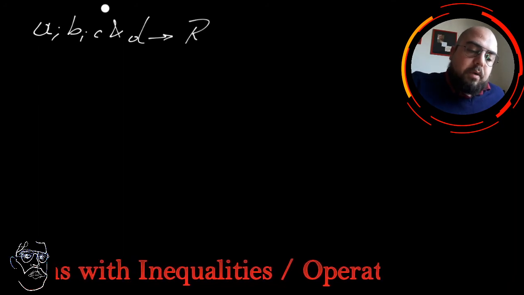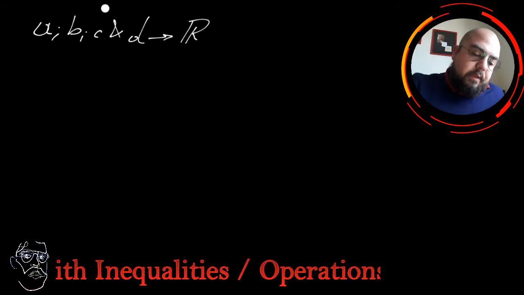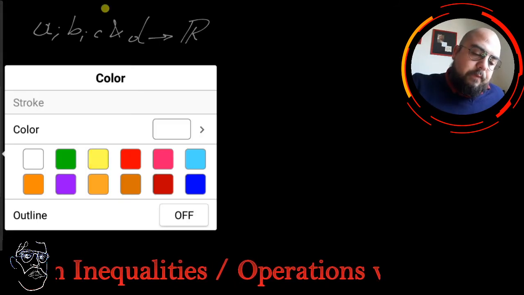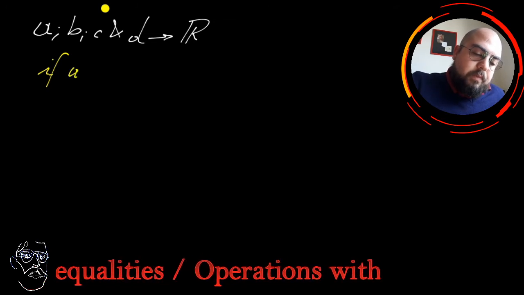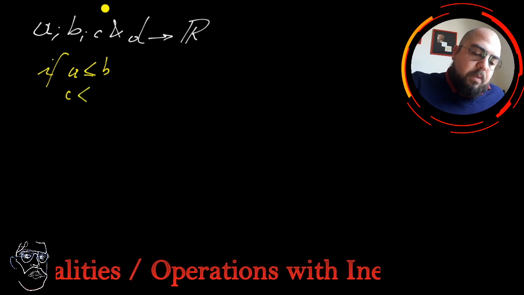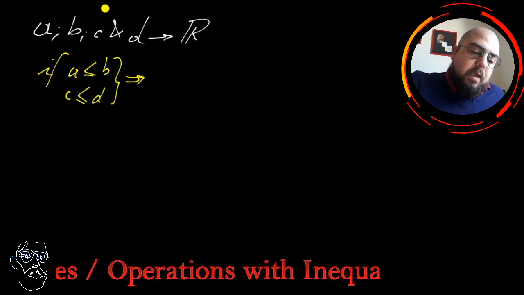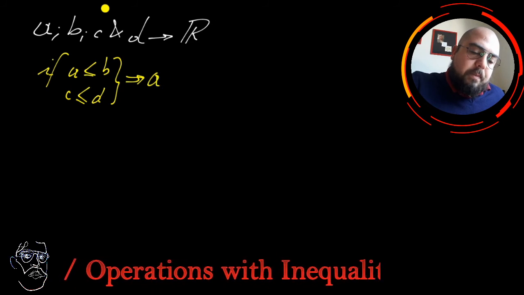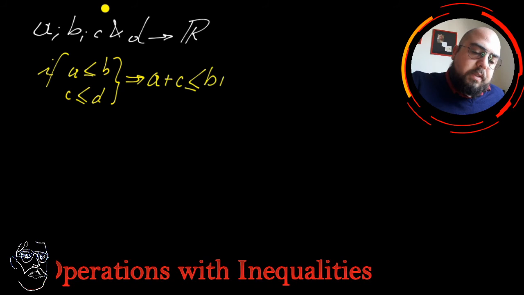So they are real numbers. The first thing that you can say, if A smaller than B and C smaller than D, from this you can deduce that A plus C will be smaller than B plus D.